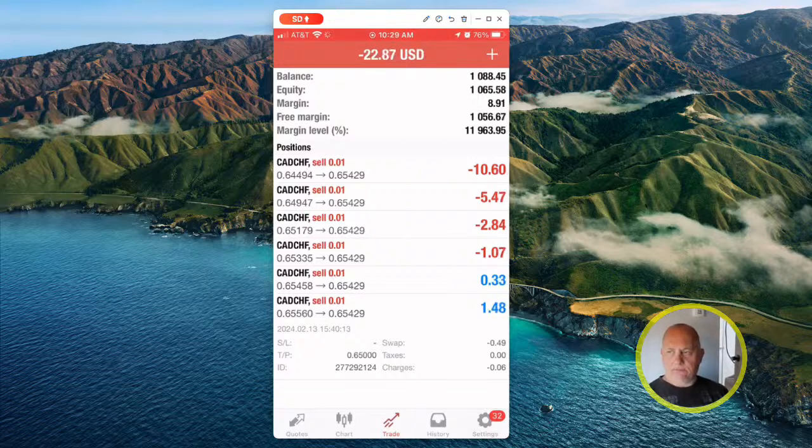So let me say this. If you are a person that says, okay, Terry, you must have a robot, if that's what you want to call it, because I know that's another mind virus, please share with me your robot's results. And I'm like, why? What size of account?